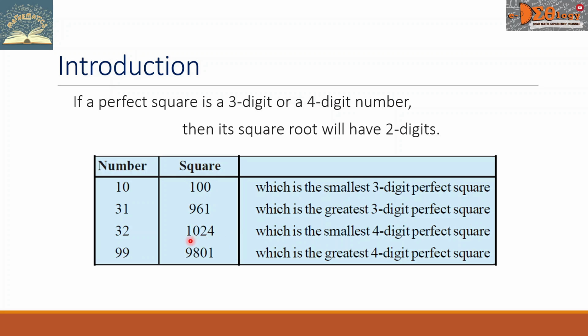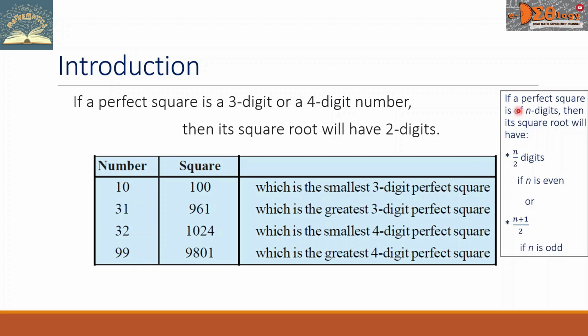Next square is 1024 and the square root is 32. This 1024 is the smallest 4-digit perfect square. The number 9801 is the largest or the greatest 4-digit perfect square, and the square root is 99. Then we generalize.